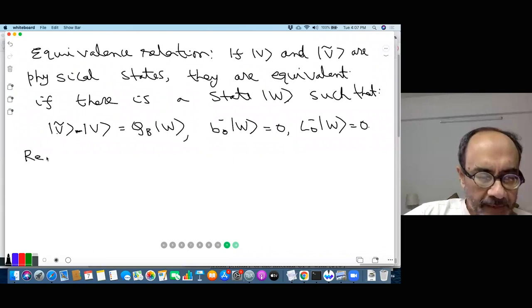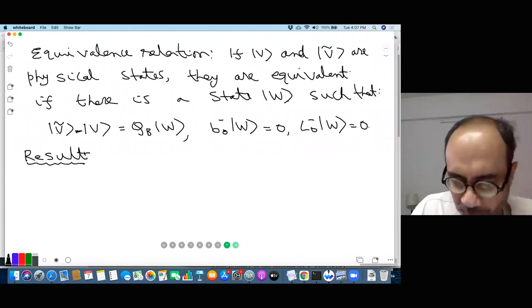Okay, now let me state a result. It's a bit complicated to prove. In fact, this was proven in the early days of string theory, but with some effort.